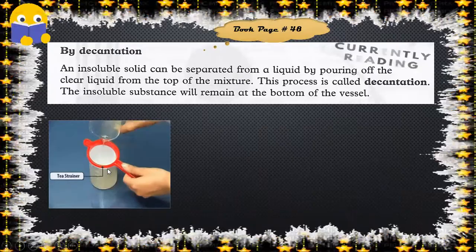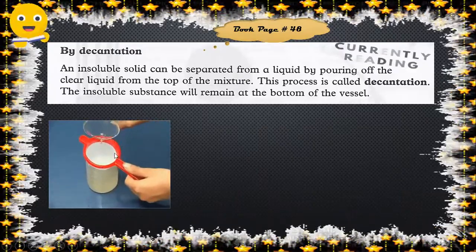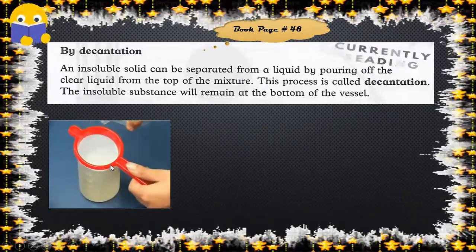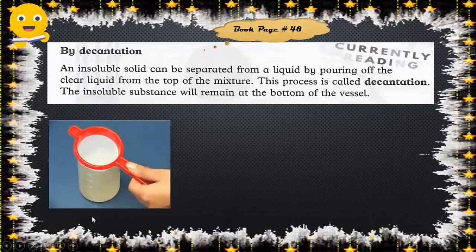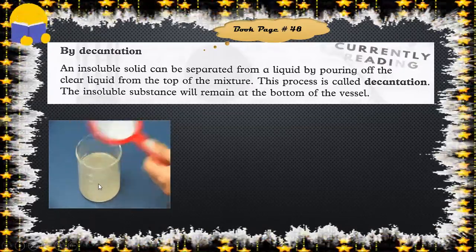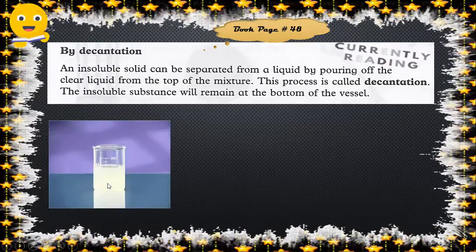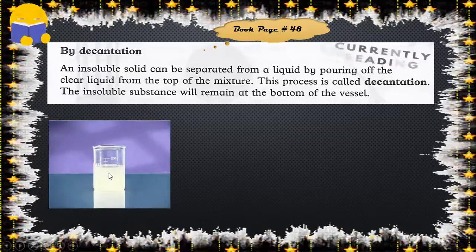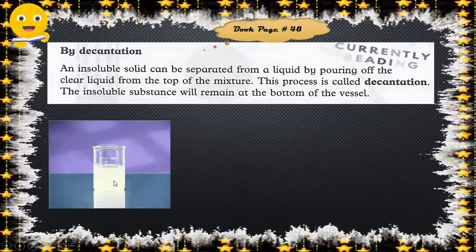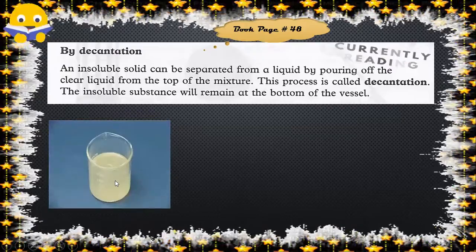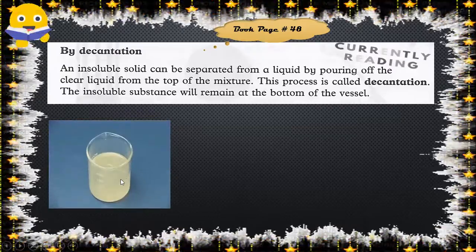We are using the tea strainer to filter it, but actually this started from when we have mud water. For the mud water, after some time it is actually decanted.